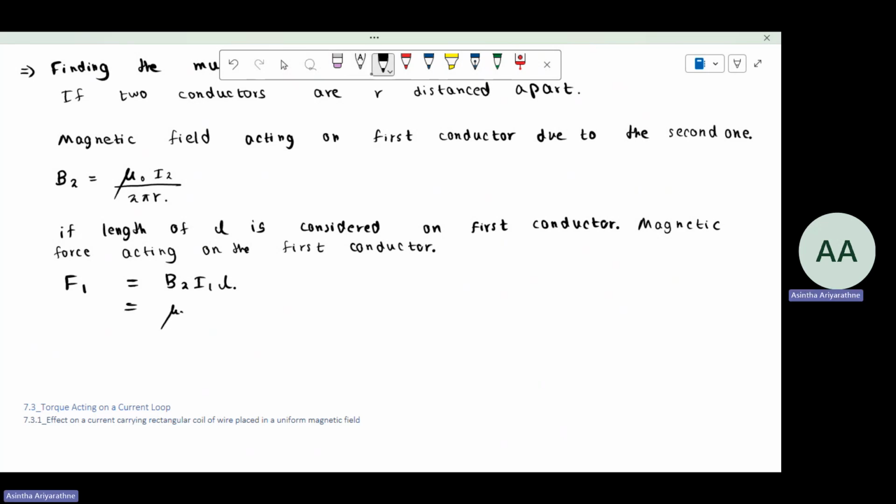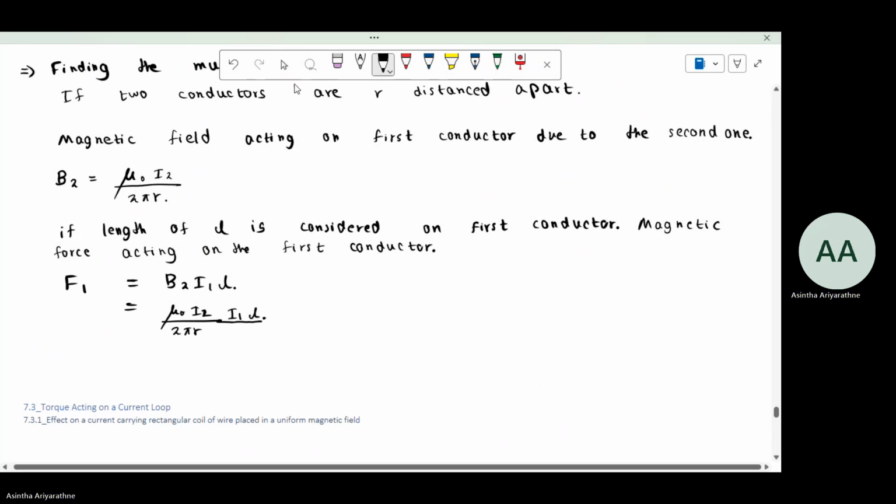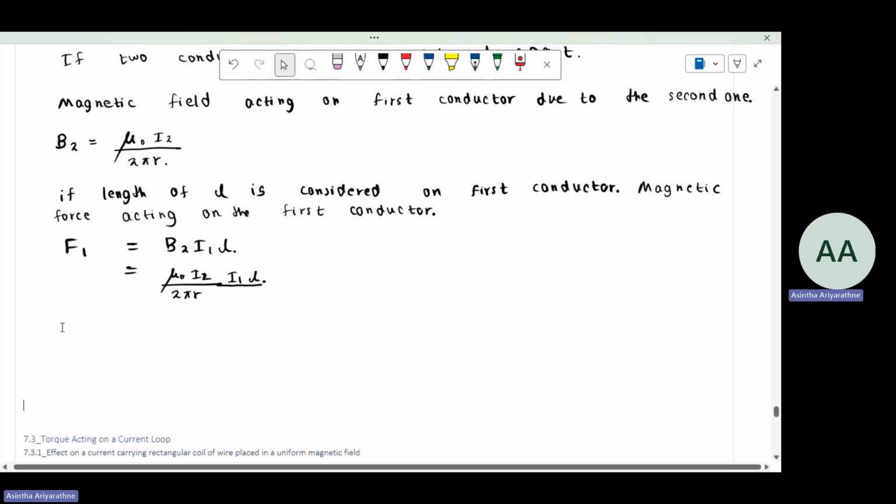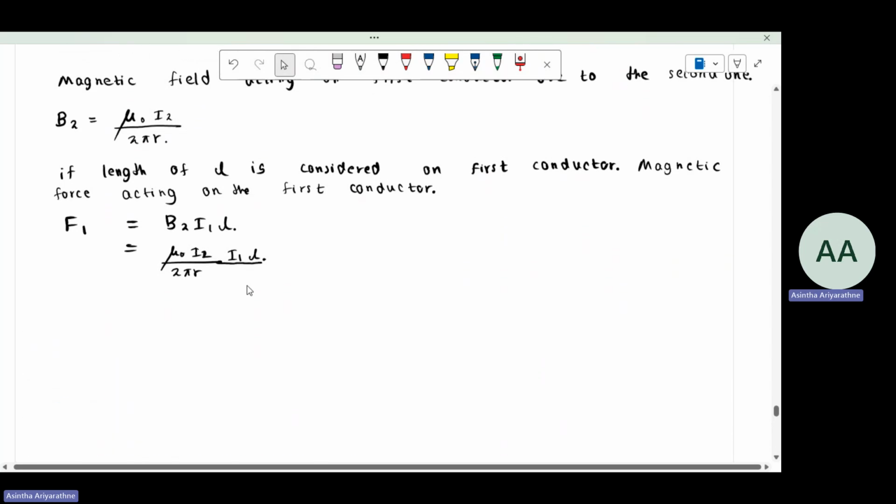So B2 is mu naught I2 over 2 pi R, and the force is mu naught I1 I2 L over 2 pi R. This is the expression. In a similar manner, if we consider the magnetic force acting on the second conductor, we get the same expression.